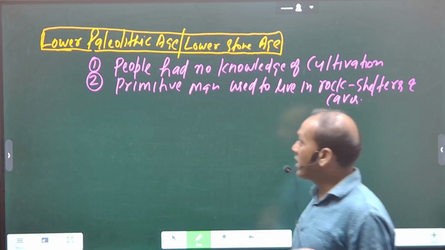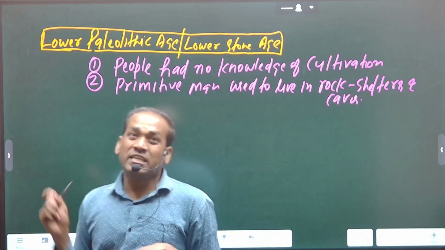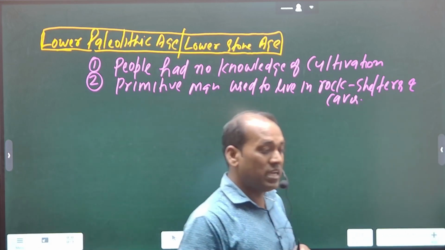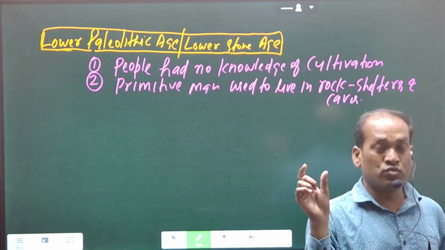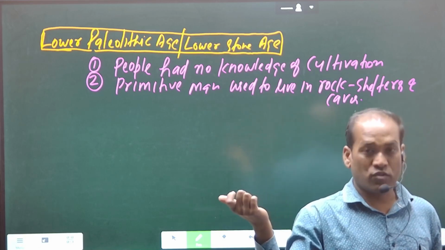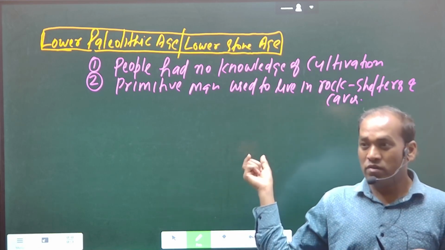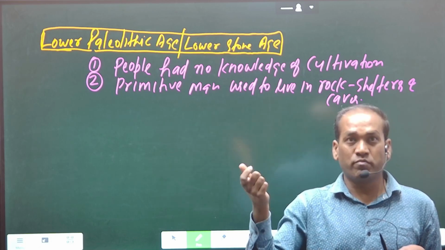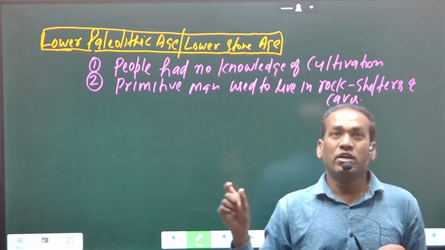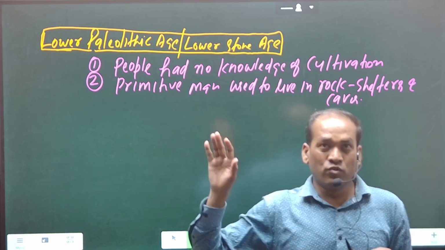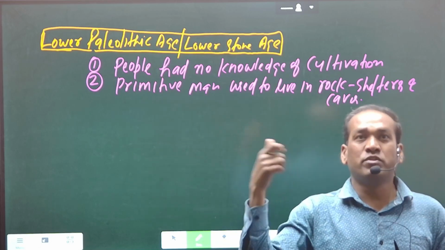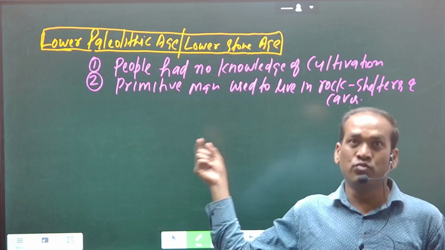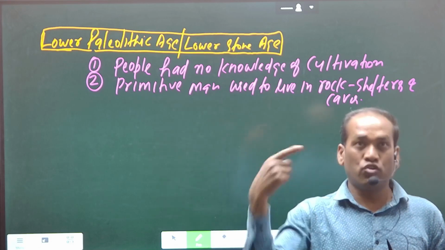Okay, and in Paleolithic age, people used to go for hunting. Okay, so for hunting they used to make tools by using stone. So here you must mention what type of stone people use for making the tools.